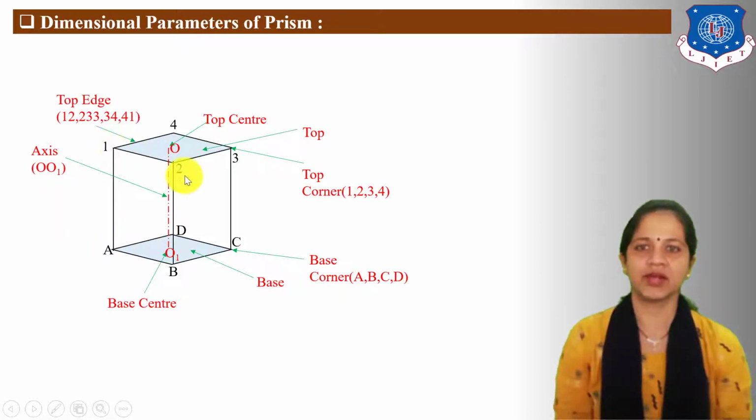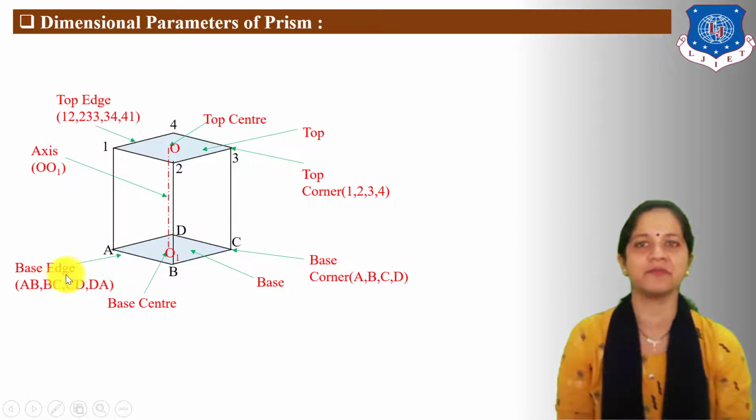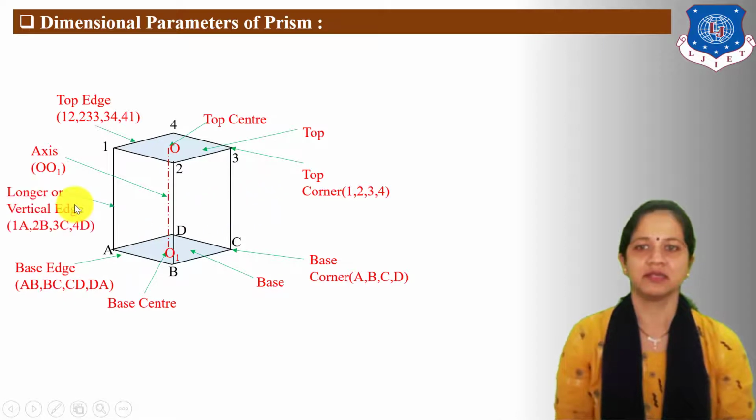Now 1-2, 2-3, 3-4 and 4-1 are top edges. AB, BC, CD and AD are base edges. 1A, 2B, 3C and 4D are known as longer edges or vertical edges.